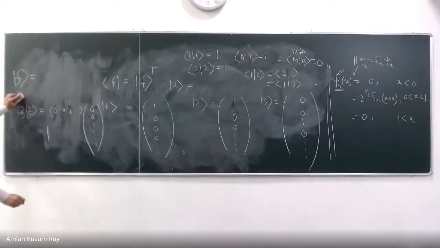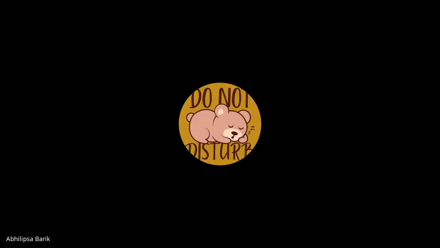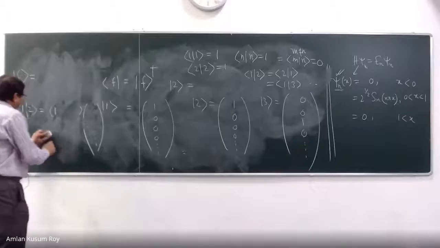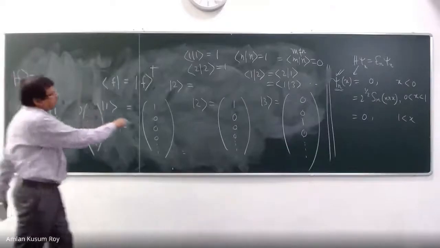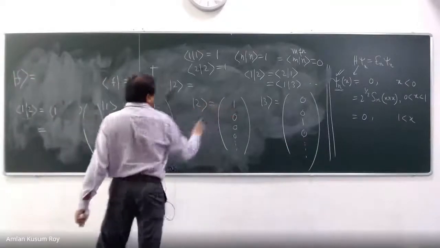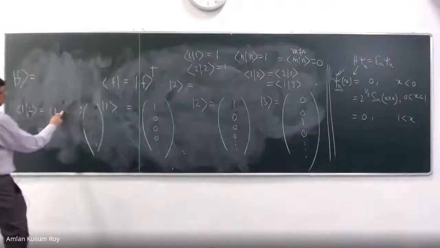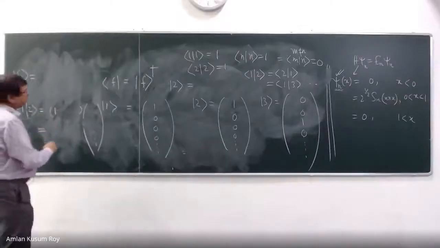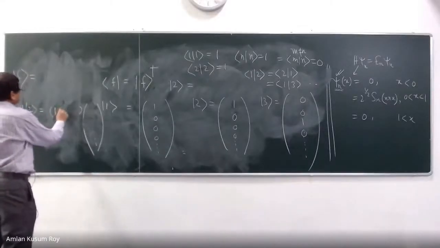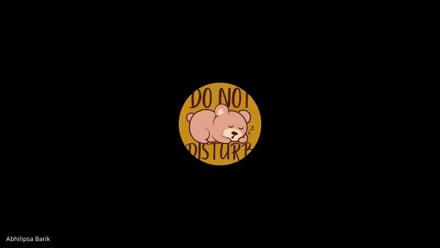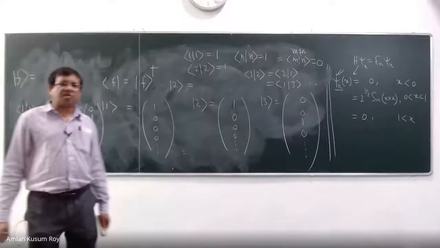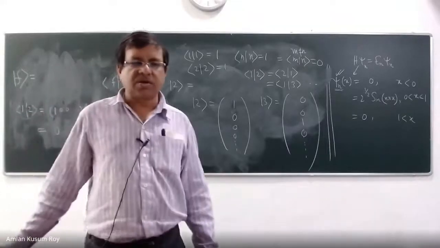But what will happen if I take 1, 2? If I made it everybody 1, that is not going to work. None of these things are going to work. So you need to do 1, 0, 0.